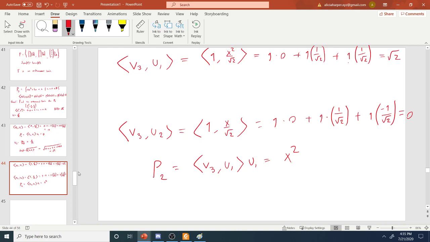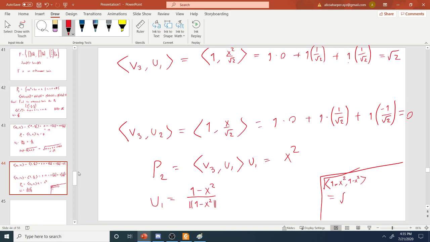So what I have to do is set u3 to be equal to 1 minus x squared divided by the norm of 1 minus x squared. So let me do that norm calculation right here. What is the square root of the inner product of 1 minus x squared with itself?